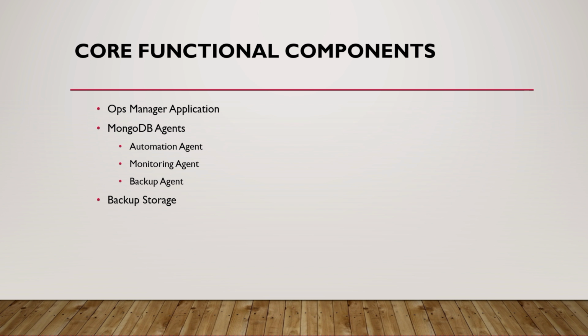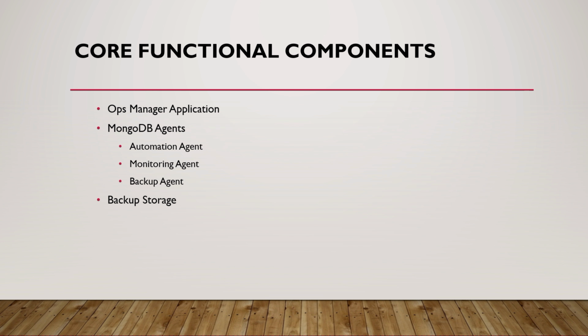First is the automation agent, which deploys, configures, upgrades and scales clusters. Second is the monitoring agent, which collects metrics and sends them to Ops Manager. And the third and last is the backup agent, which captures snapshots and incremental backups. These agents run on each MongoDB host and communicate securely with Ops Manager.